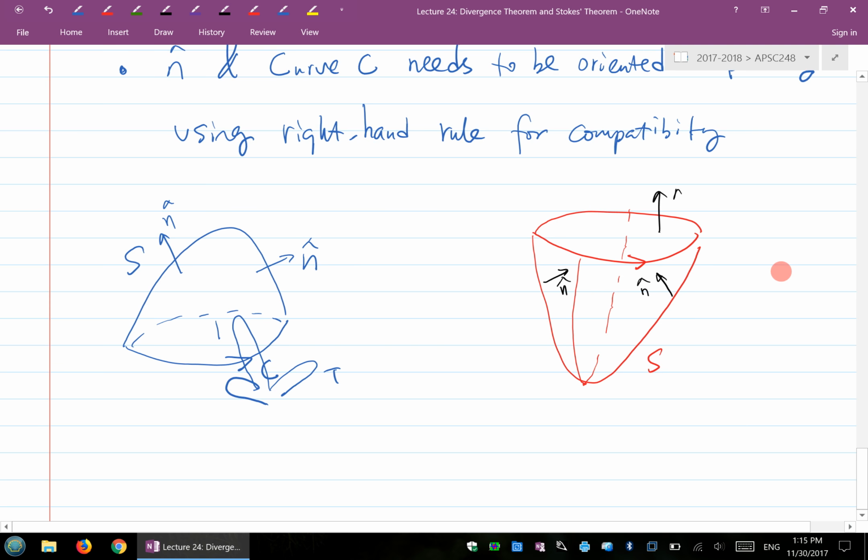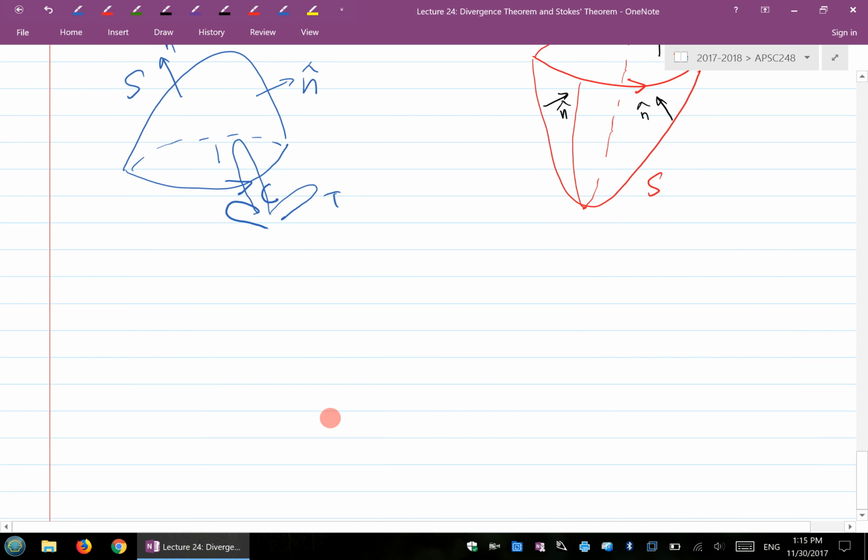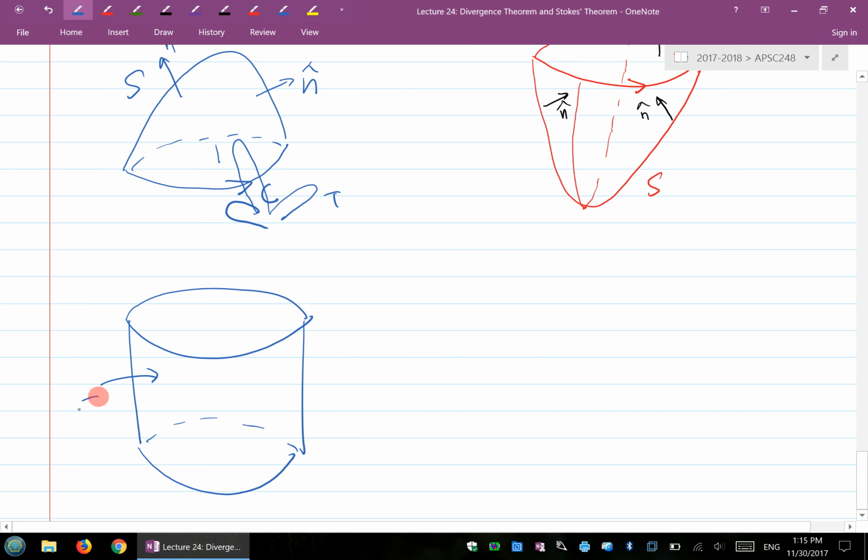I'll show you another one here, and then we can take a quick look at a couple of examples. This one is a little bit tricky compared to the other two. This cylindrical surface is S. Now, the first question I should ask you is, what is the boundary of this cylindrical surface S?